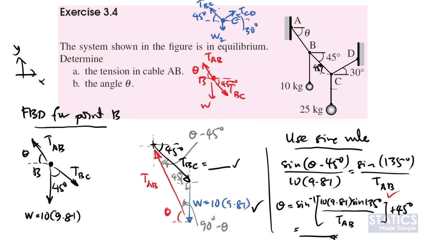In fact, if you want to visualize it another way, since we are saying that the system is in equilibrium, look at the cable BC alone. From this diagram, you have TBC downward here, and here you have TBC upward.